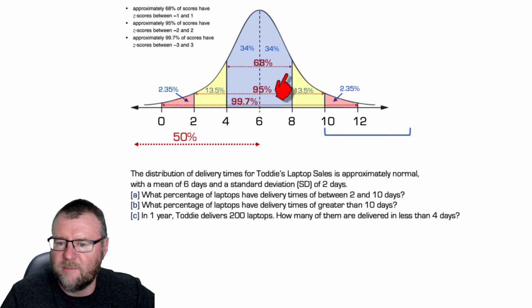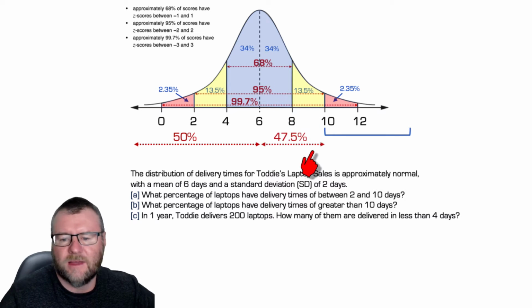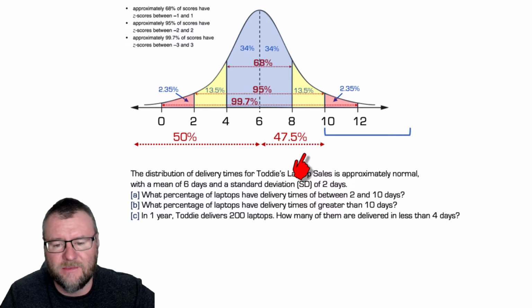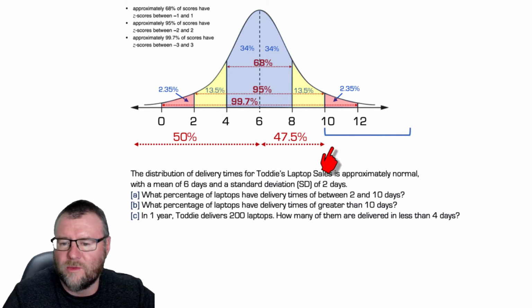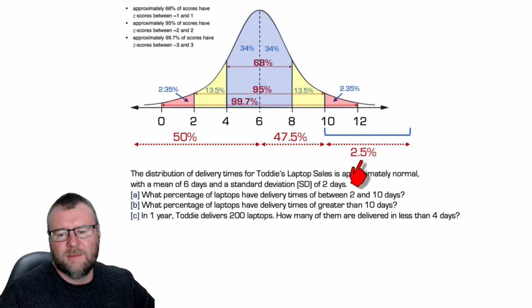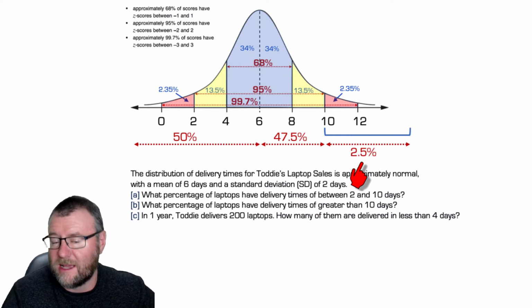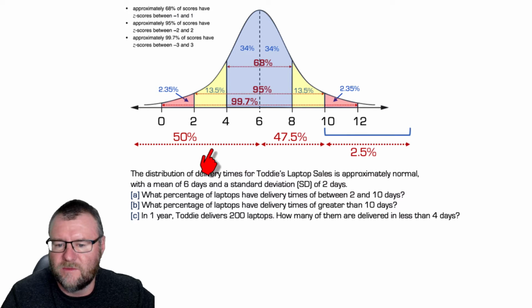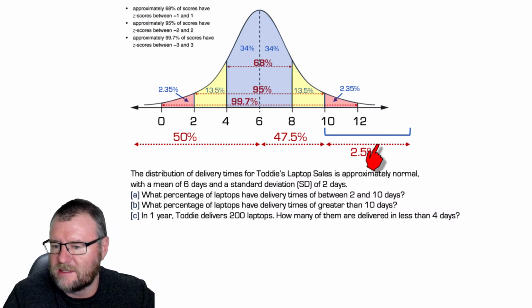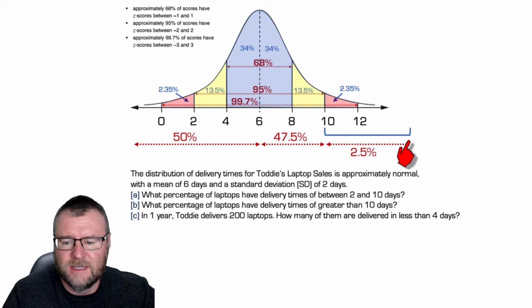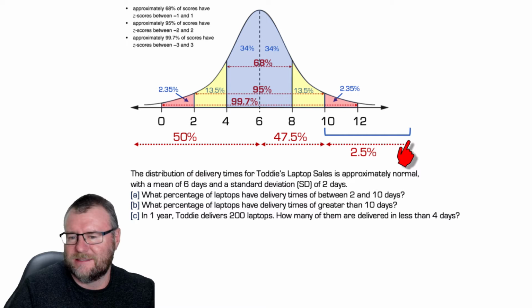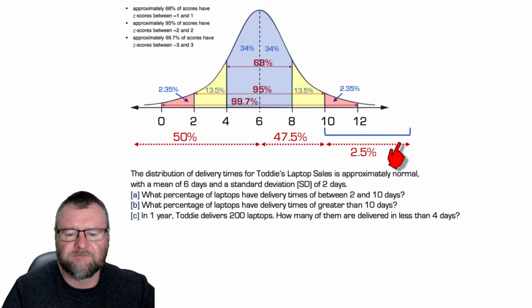So it covers that bit and that bit, and if I add them together, that's 47.5. So if 100% of my data is the whole thing, then what's left up here must be 2.5%. So I take 100%, take away this 50, take away this 47.5. The remaining bit is this section. 2.5% of the laptops get delivered in more than 10 days.